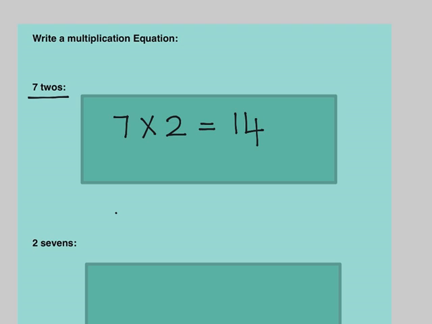Okay, the next question is, 2 sevens should be written as a multiplication equation. The 2 sevens can be written as 2 times 7. 2 times 7 is also 14. Let me draw an array that represents this equation.